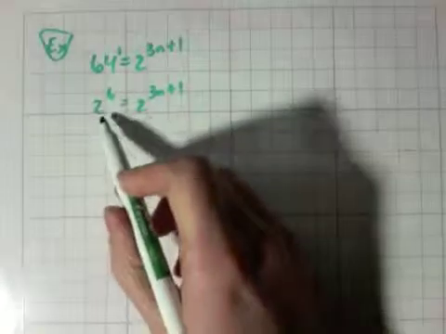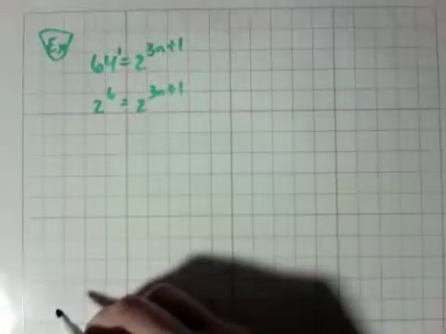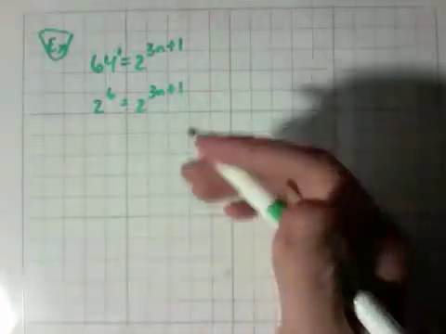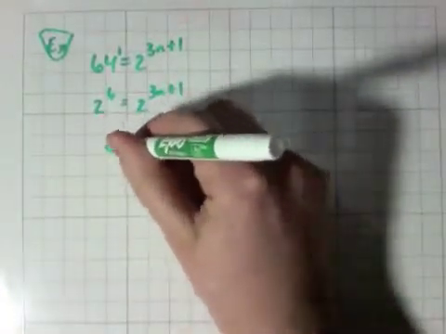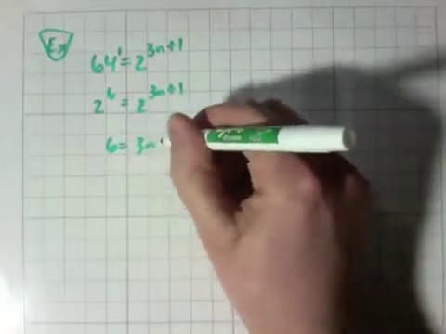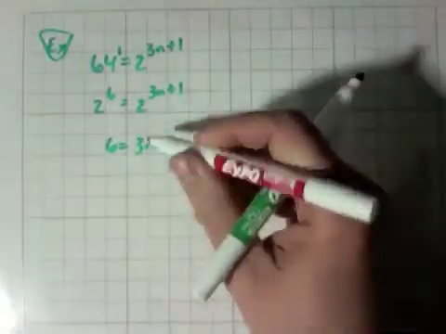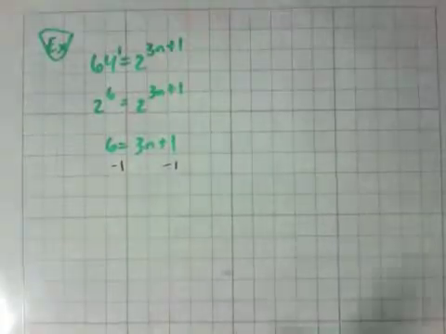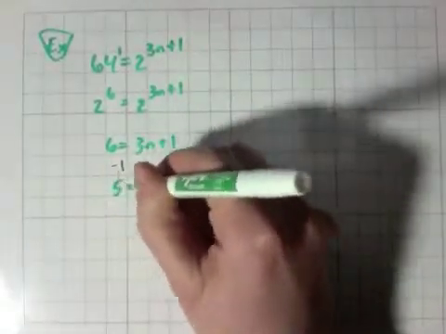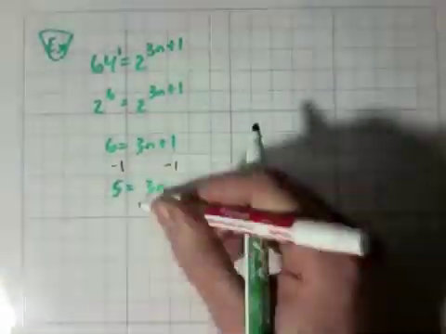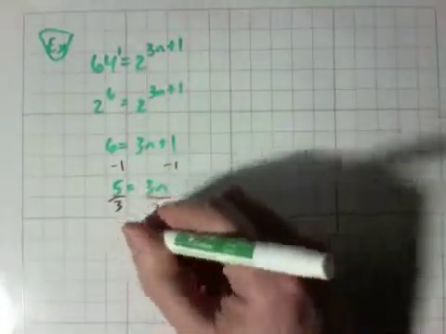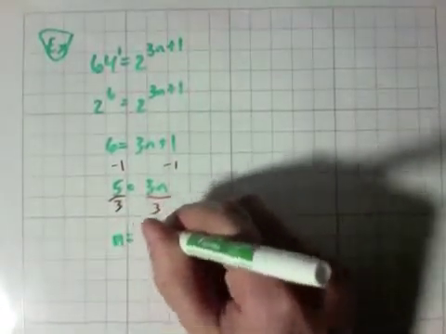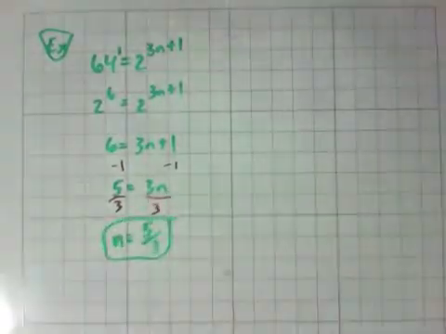And now that I have two things of the same base equal to each other, I can in fact boil this down to being their exponents equal to one another. So 6 must equal 3n plus 1. And I can solve, subtract 1 from both sides. I will get 5 equals 3n, and then divide by 3, and I will get n equals 5/3.